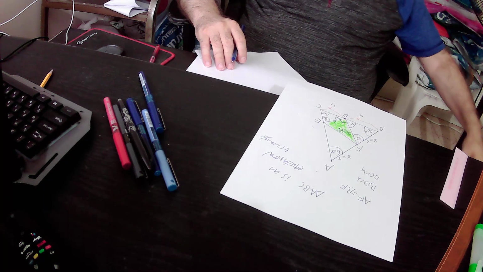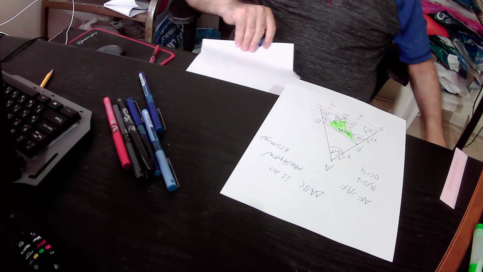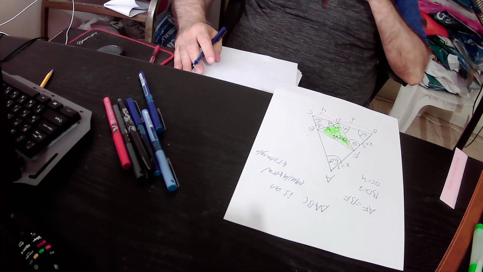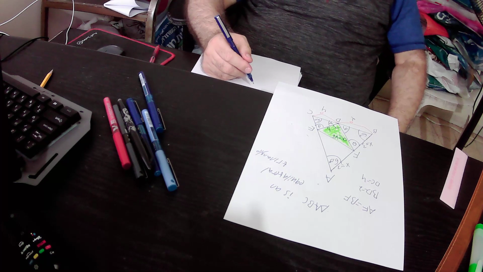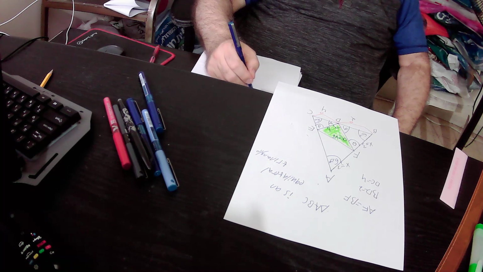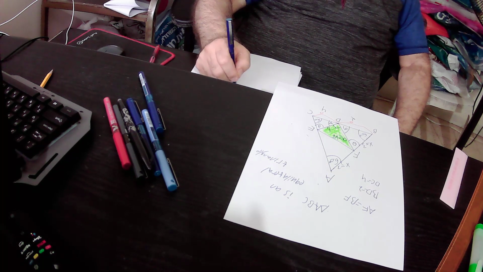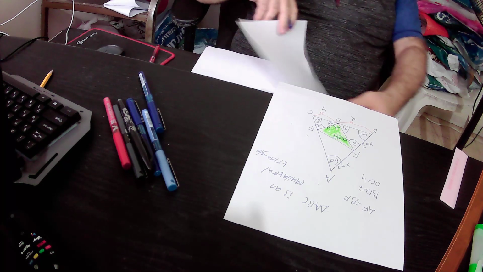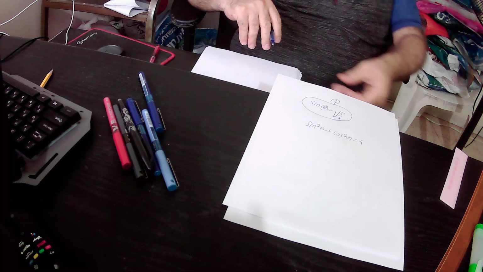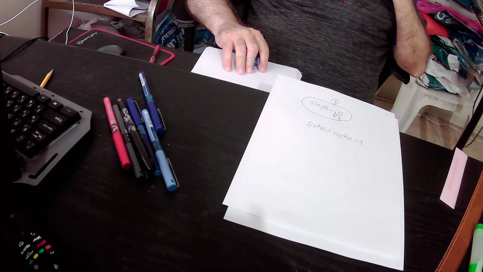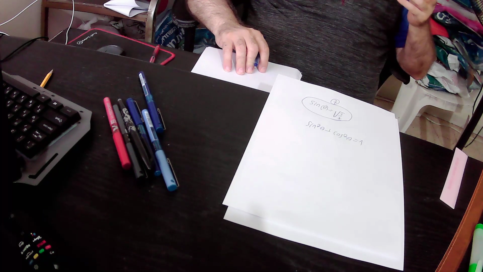Now we will get the value of cosine theta according to the trigonometric identity that sine theta squared plus cosine theta squared equals 1.